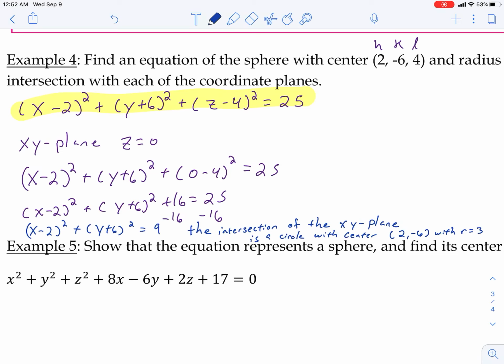The square root of 9 is 3. All right, so that's the first one.